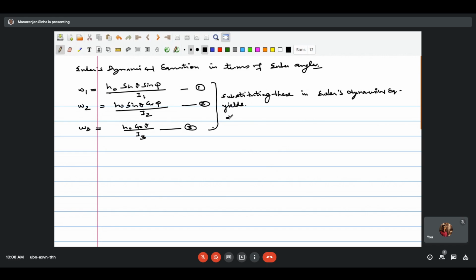When we substituted this in the Euler dynamical equation, a few of the things I am just repeating from the previous class to make it convenient for me also to continue.